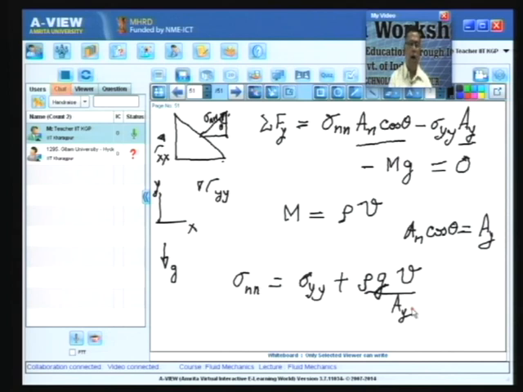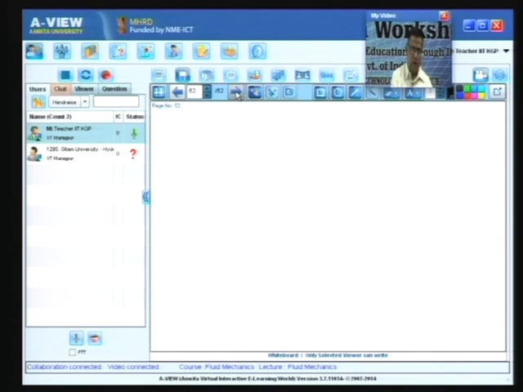Now, consider a wedge which is very small. So, we consider the limit when the volume goes to 0. So, this was one wedge.